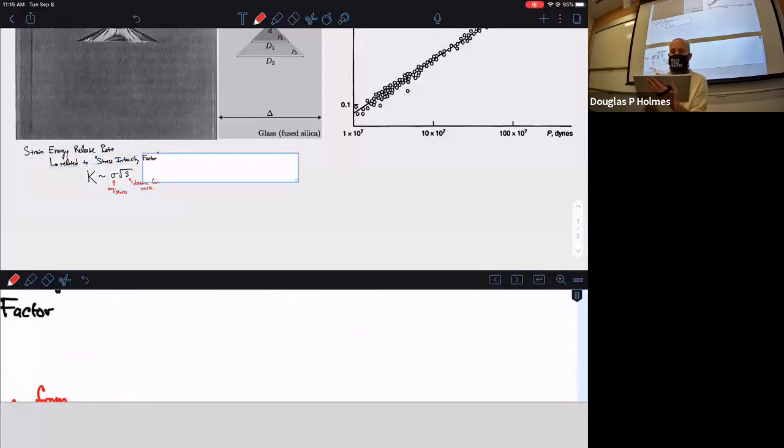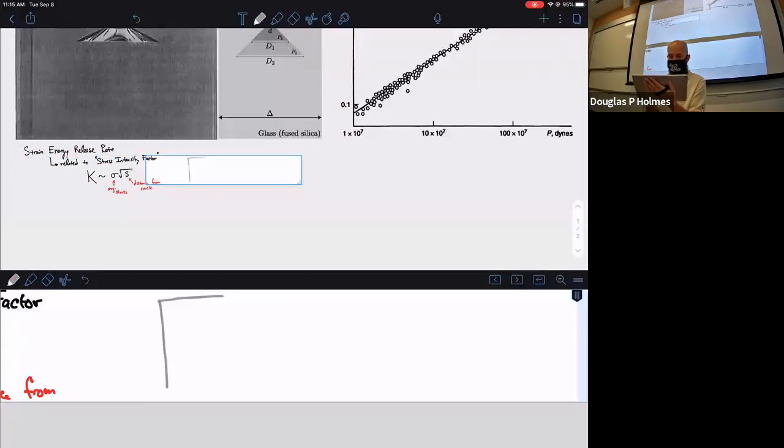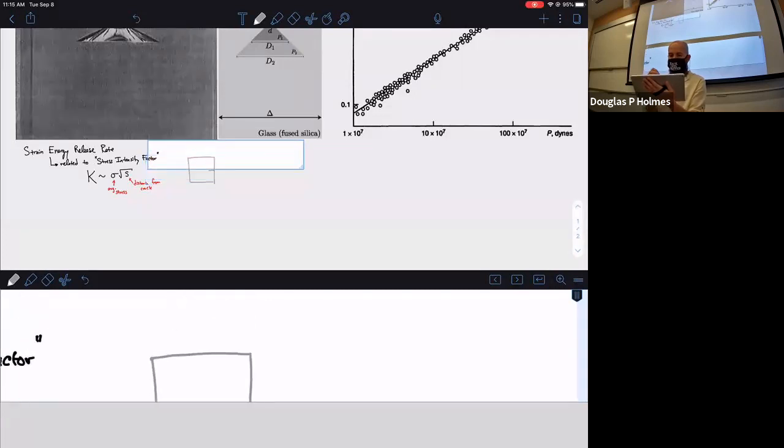So this allows you to take a material that has a crack in it, apply some average uniform stress at one surface or both surfaces, top and bottom.